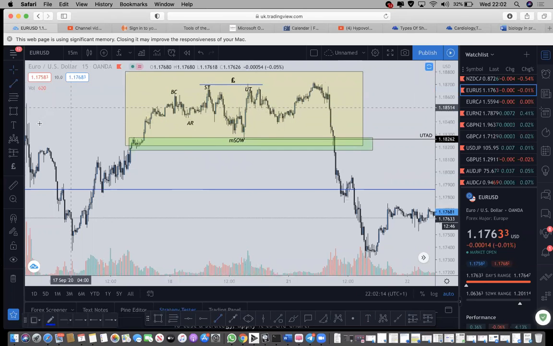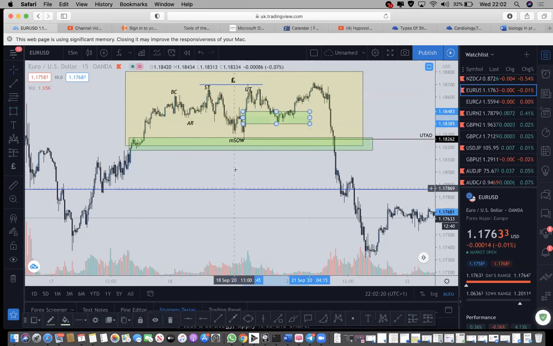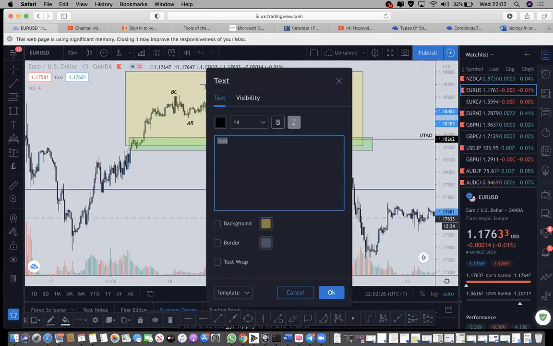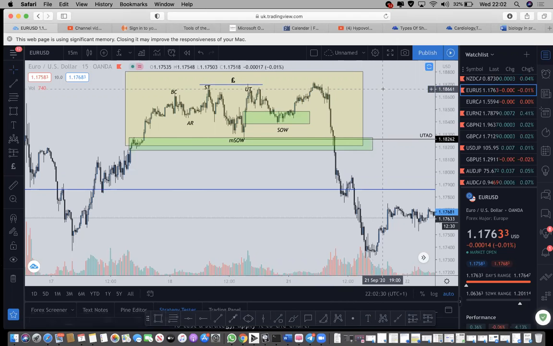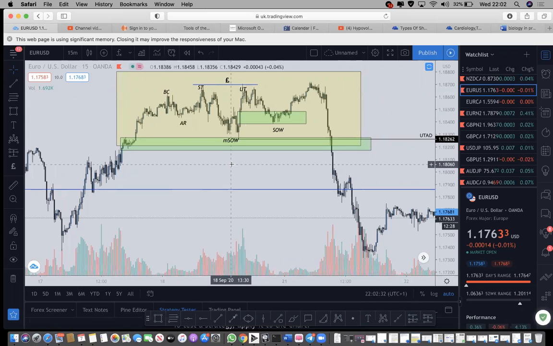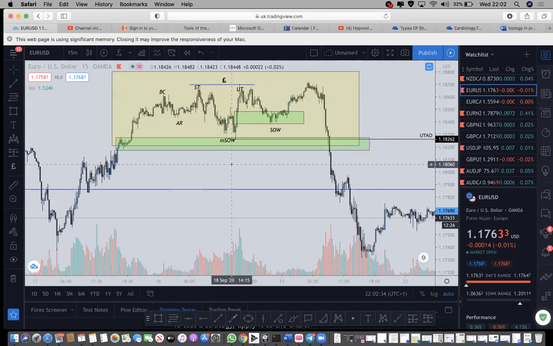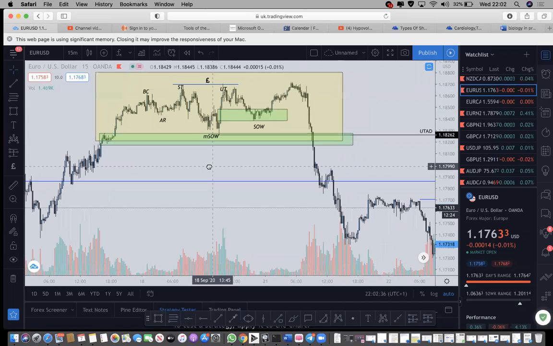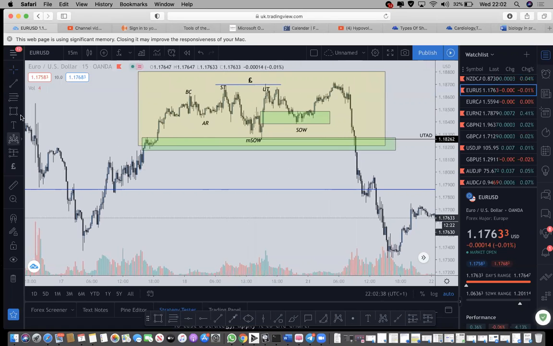Price came down to fill the imbalance for the sign of weakness. So you could have got a buy there, understanding this is a Wyckoff. So you know where to take your TP. It looks like I'm joking, but guys, I'm talking serious stuff right here, if you know what I'm talking about.